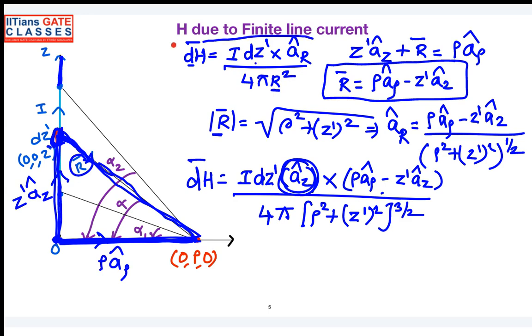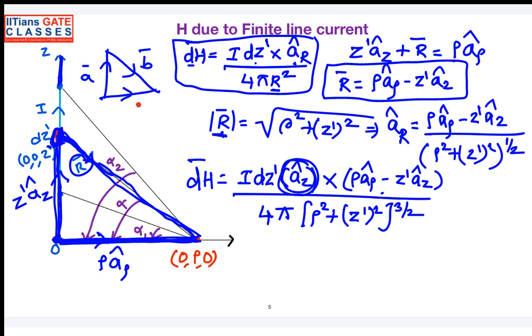First of all, I am writing a unit vector along the radial direction. How to write a unit vector along the radial direction? The original vector divided by its modulus. Now how to write the original vector? Simple reasoning: this is your vector a bar, this is your vector b bar, and this is your vector c bar. When you start from here, a bar plus b bar is equal to c bar. Will you agree with me?